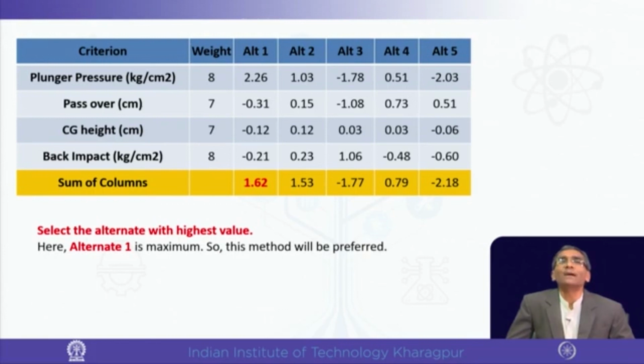If you do that, the sum total of the first column, including all plus minus calculation, is 1.62. Similarly, all the alternatives are multiplied and summed up, and these values are presented in the bottommost yellow patch. Hence, we see the largest value appears here as 1.62, which is alternative 1. So, here we conclude that alternative 1 is the maximum, so the method is preferred, or the best.